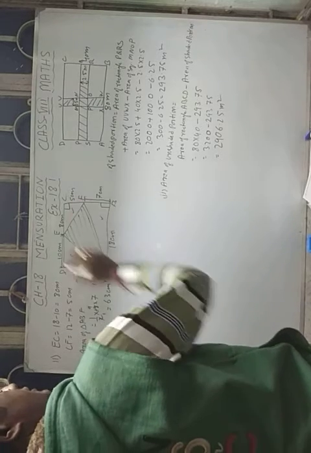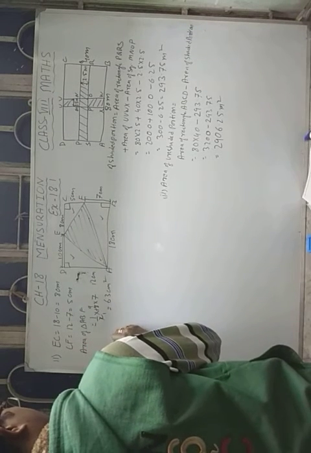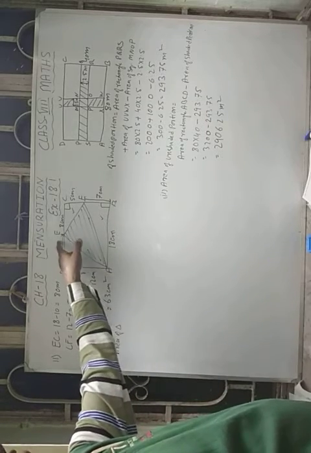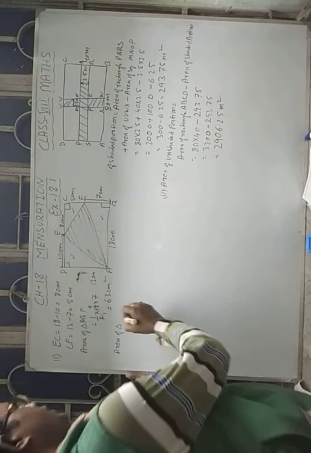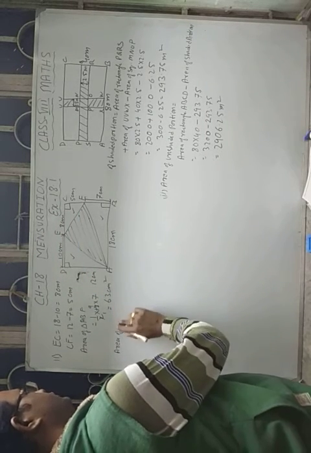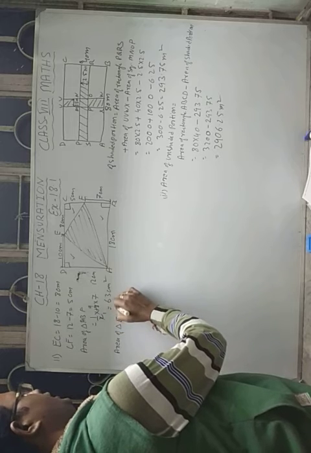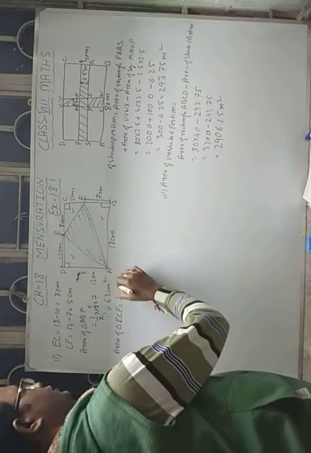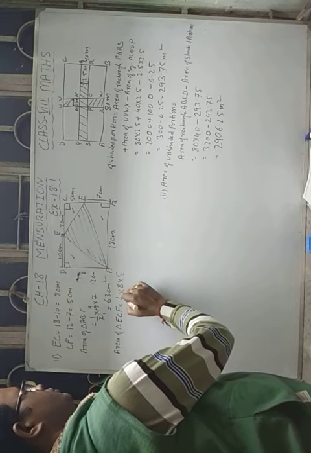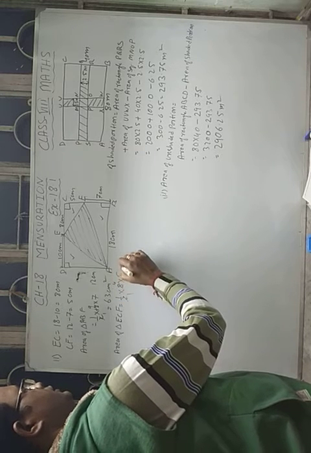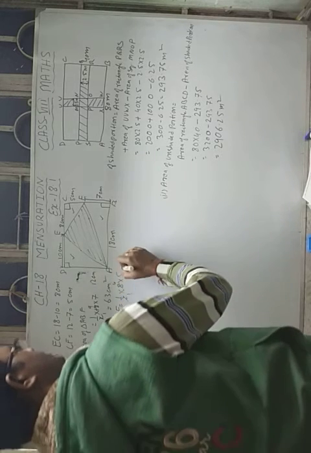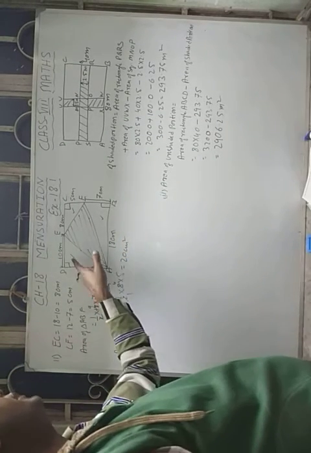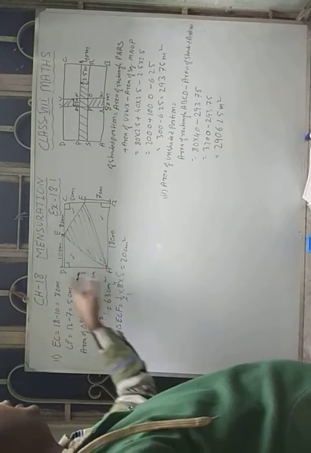Now you need to find the area of triangle ECF, which is again half into base 8 into height 5. So 2 fours are 8, 4 fives are 20, that is equal to 20 centimeter square.